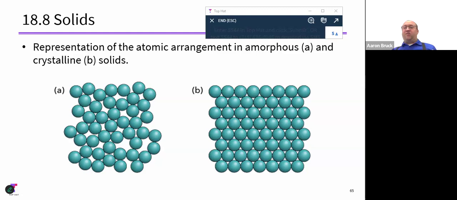So from an entropy standpoint, very, very low entropy, as you might expect. Whereas because of the somewhat scattered and more randomized arrangement of the amorphous solid, you're going to have higher entropy in those solids comparatively.